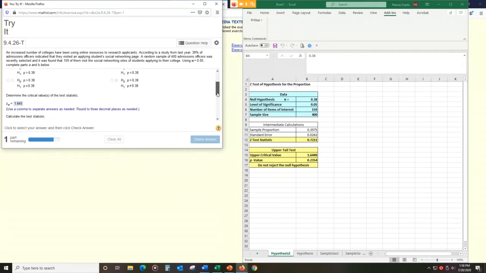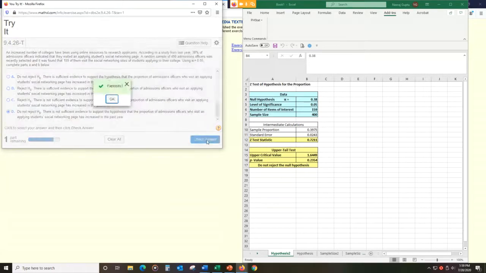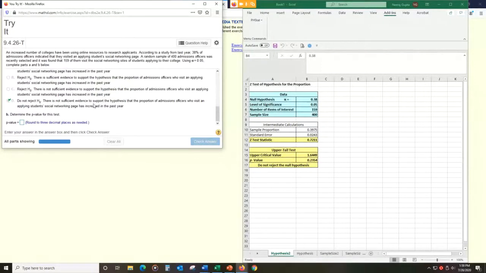There is not sufficient evidence that it has increased. So we are choosing D. Does it make sense? Yes. Understood? Everyone understood?